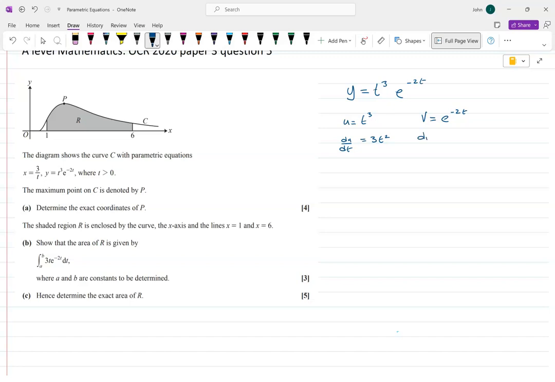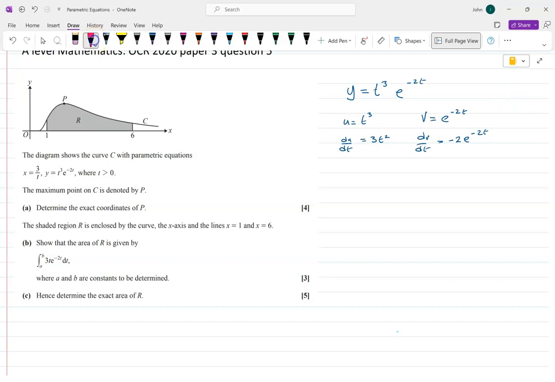That differentiated, well, we've got the minus 2 there, so that's minus 2 e to the minus 2t. Basically differentiating e to the x, a very simple chain rule type thing. e to the kx differentiates to k e to the kx.